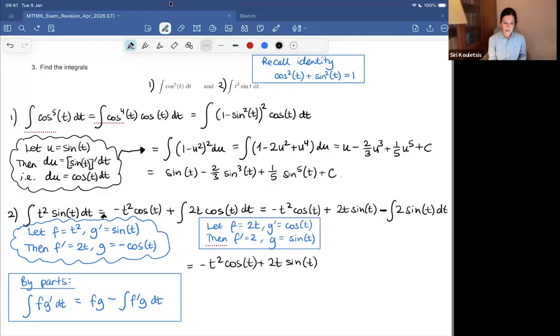And just remember, as we said, when we integrate sine t, we get minus cosine. So again here, now we have plus 2 cosine t dt.